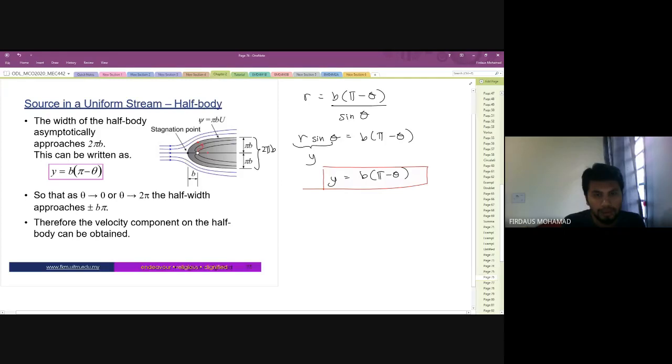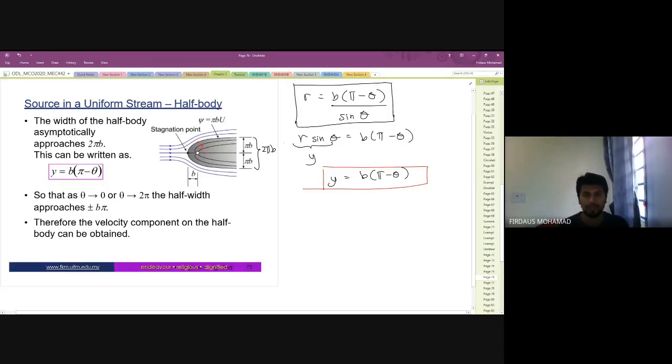And then in order to find the elevation, or any point within this streamline, within this closed or solid surface, we can use this equation: r equal to b (pi minus theta) divided by sine theta. r sine theta basically equal to y.